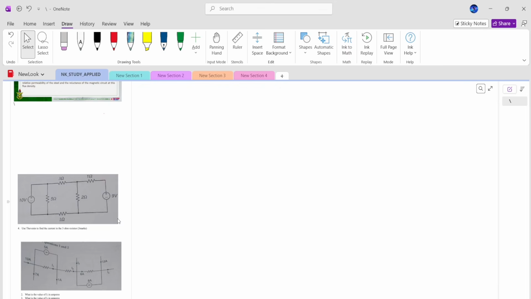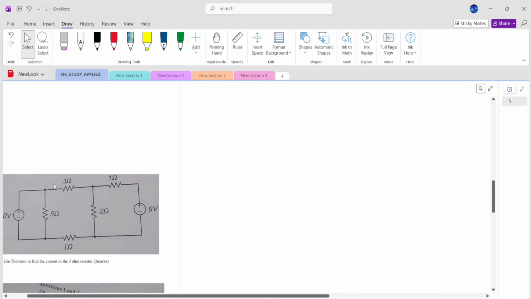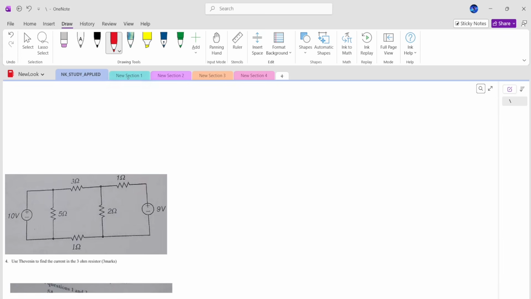Right. So I'm going to start off with this question. This one says use Thevenin to find the current in the 3 ohm resistor. So this is the resistor we are looking for. Thevenin says I can take a whole circuit and represent it as a voltage source in series with a resistor.